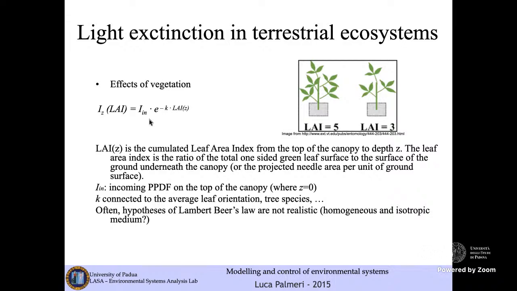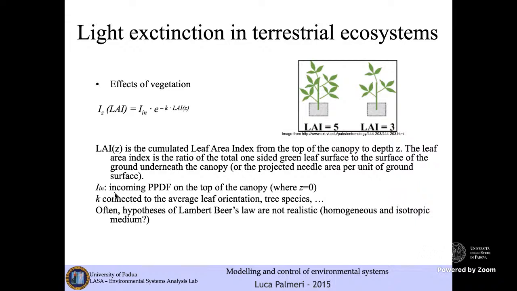I remind you this is an Einstein measure of energy, and the Einstein measure depends on the particular wavelength of the photons you consider. In particular, for photosynthesis, we consider photons in the light range. K is connected to the average leaf orientation of the tree species. So K is describing a characteristic of the trees that are present in our ecosystem.